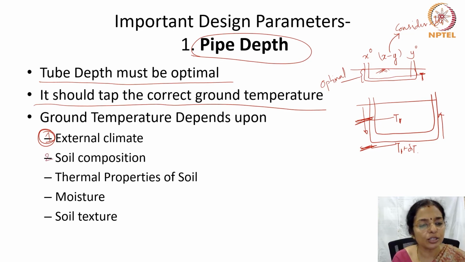Second is soil composition, whether you have organic matter, inorganic matter, mineral composition, etc. What are the thermal properties of the soil? Its conductivity, emissivity, diffusivity, etc. The moisture level of the soil and the texture of the soil. So these are the factors on which ground temperature will depend.